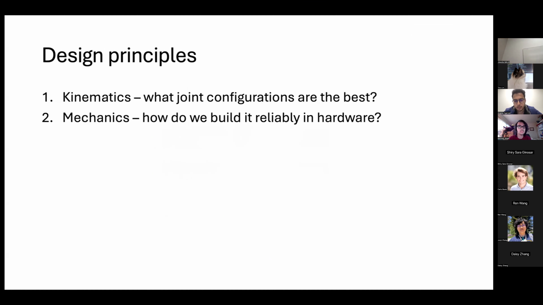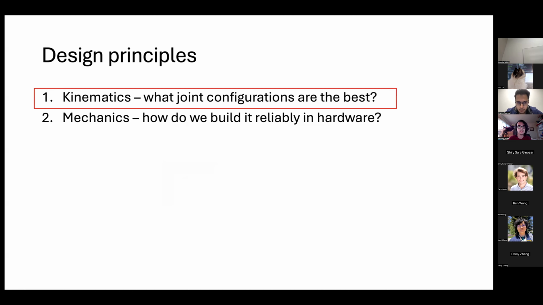There are broadly two categories we want to talk about. The first is kinematics. How should we design the joints of the hand? In what positions should we place them such that we get maximum dexterity? And the second aspect is mechanics. Once we have this design, how do we actually build it reliably in hardware? What hardware components do we use? What designs do we use? I'm going to talk about kinematics first, and then Kenny will go over the mechanics part of it.